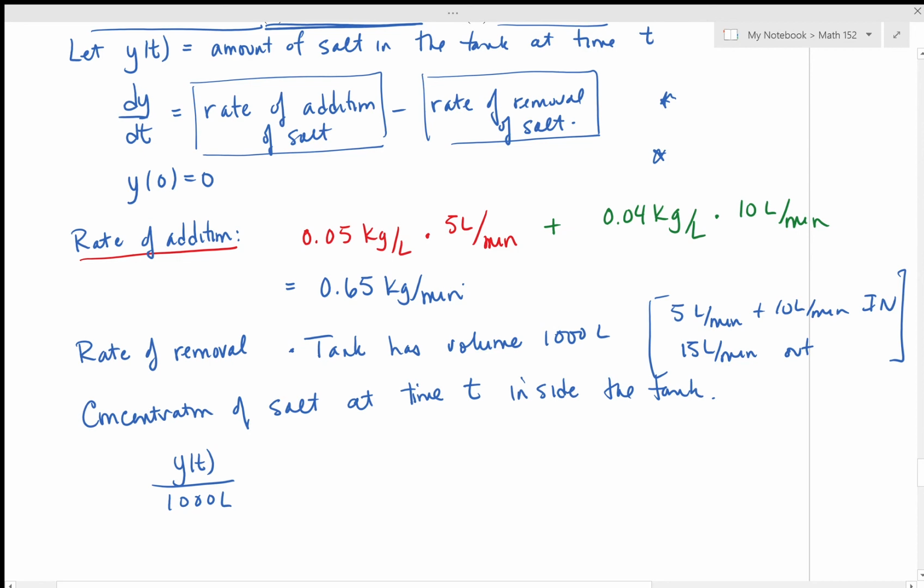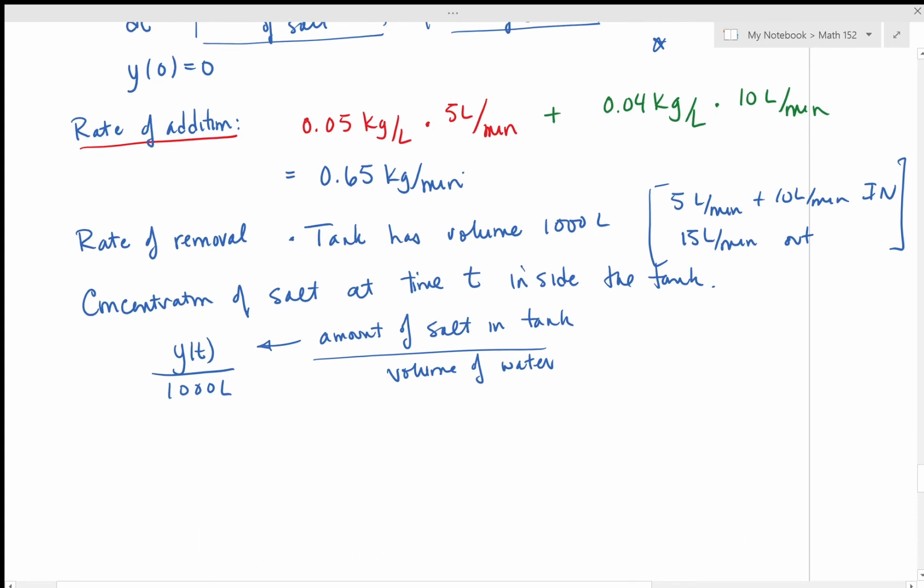Mass divided by volume. Maybe I'll even write that. This is the amount of salt in the tank at time t, and then we are dividing that by the volume of water at time t, which doesn't change. The volume of the water stays 1,000 liters at all times t.